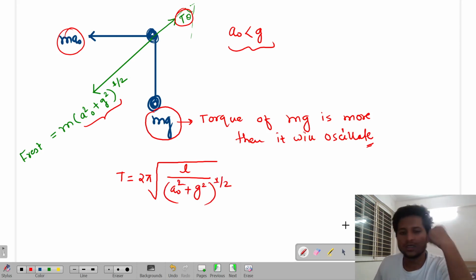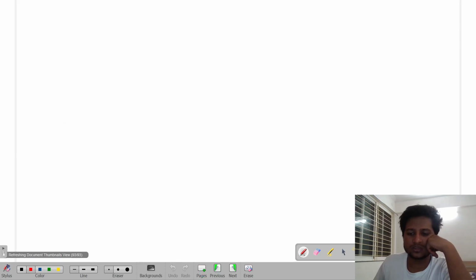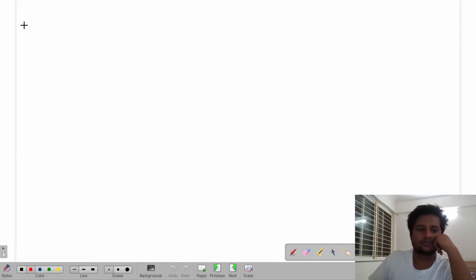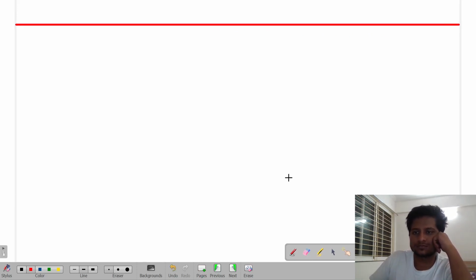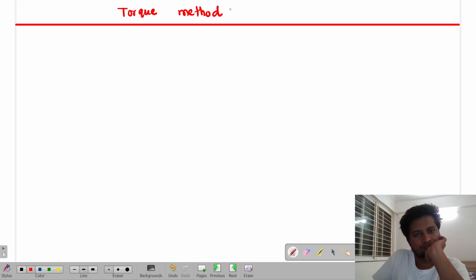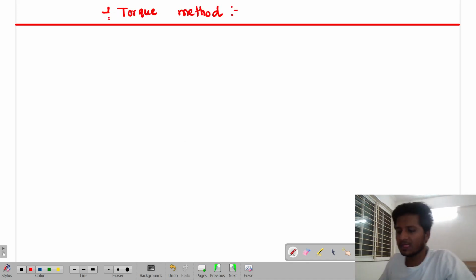So let us understand the pendulum case with the help of torque. Torque method. Got it or not? Now look over here.